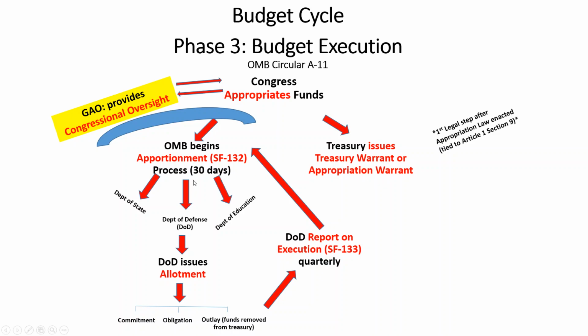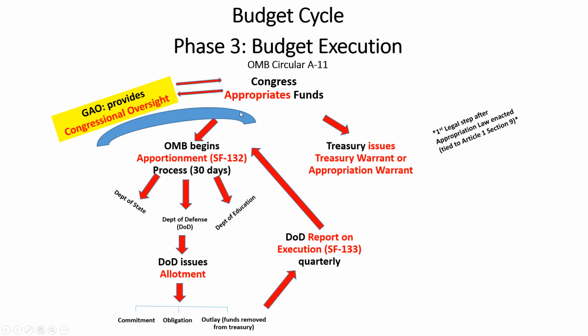So if you say apportionment, you know that OMB is the one that apportions the agencies. So that means that particular ADA violation would occur between DOD and OMB. If you spend more than what was appropriated, that means Congress appropriates, it goes to OMB. So that means the violation would have been committed by OMB.